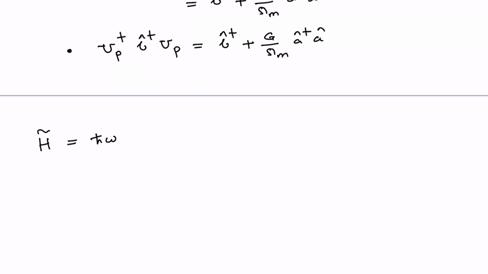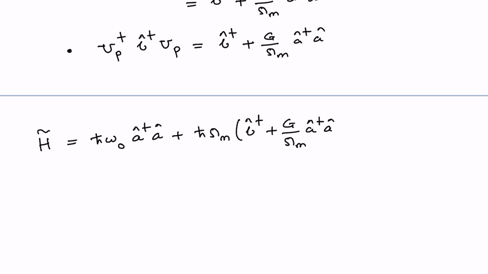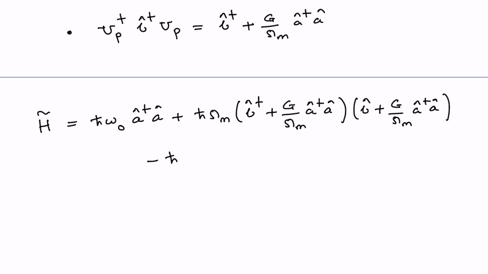H per omega 0, A dagger A plus H per omega M, B dagger plus Z by capital omega M, A dagger A into B plus Z by capital omega M, A dagger A, okay, and you have minus H per Z, A dagger A into B plus Z by omega M, A dagger A. I encourage all of you to do it.